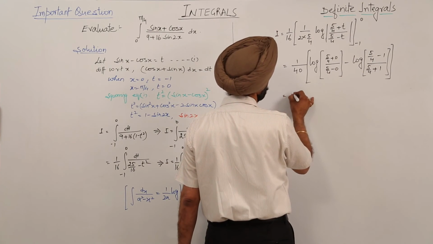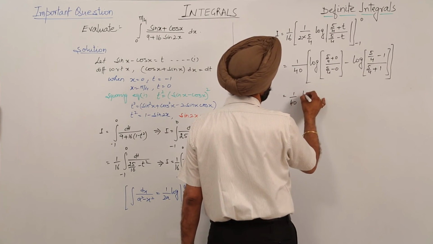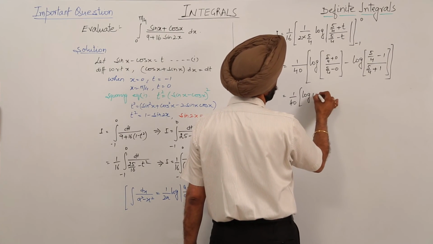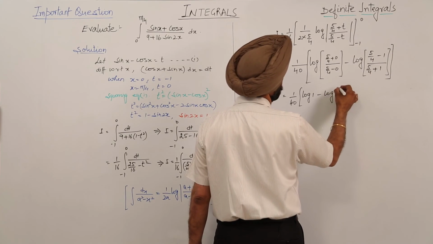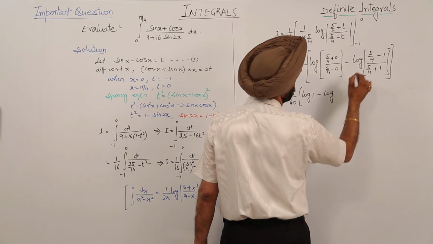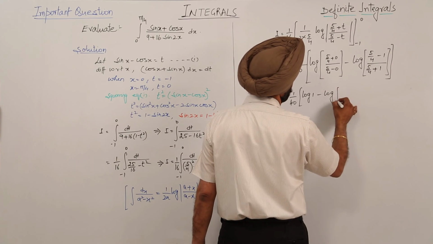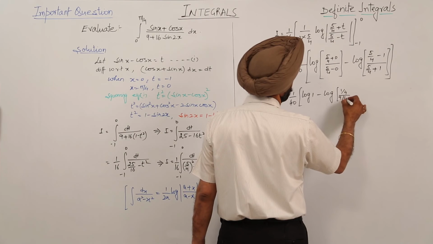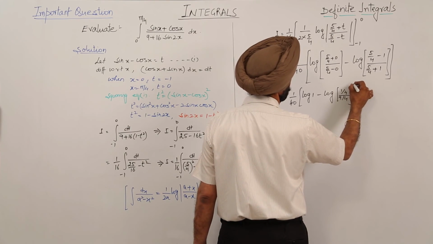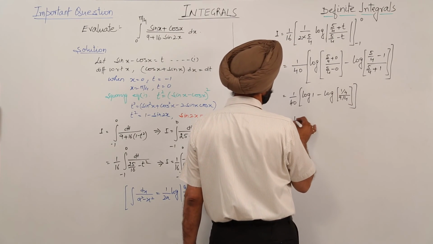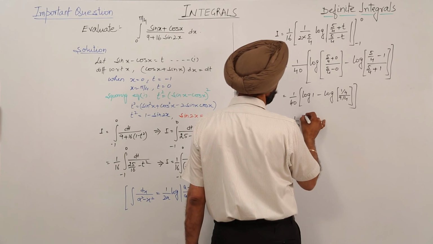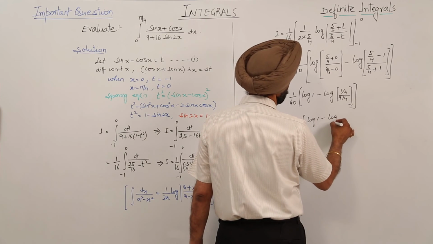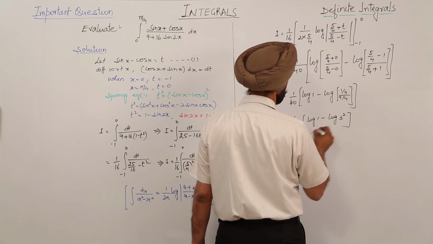Now this is equal to 1 upon 40 log 1 minus log (1 upon 4 upon 9 upon 4). 1 upon 40 log 1 minus log 3 square.